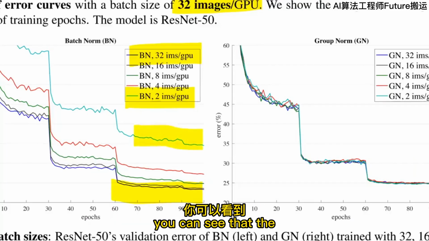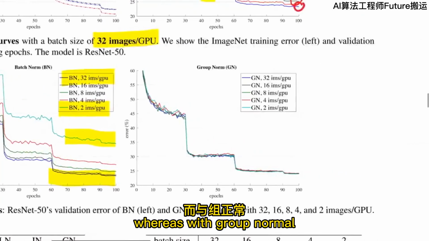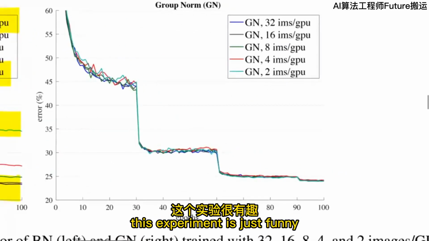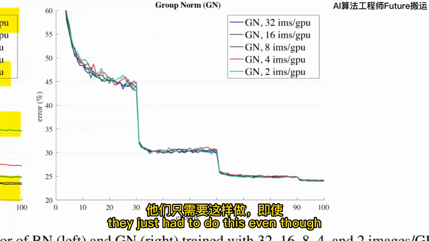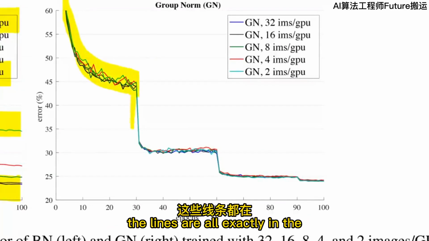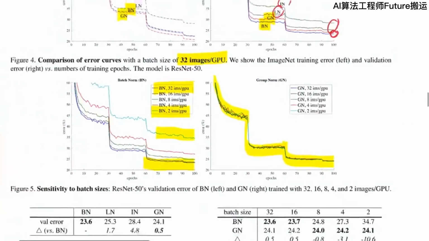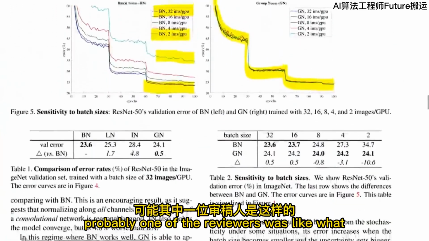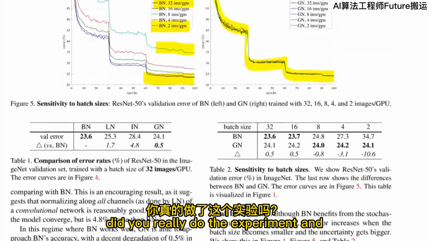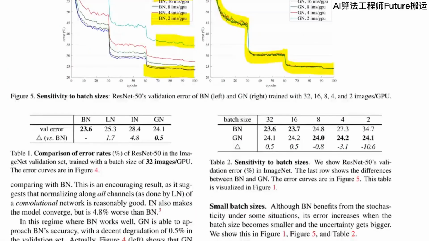You can see that the performance of batch norm degrades drastically. Whereas with group norm, this experiment is just funny. They just had to do this, even though you know exactly what turns out. So look, the lines are all exactly in the same place. I mean, come on. Probably one of the reviewers was like, "But did you really do the experiment?" They had to put it in.